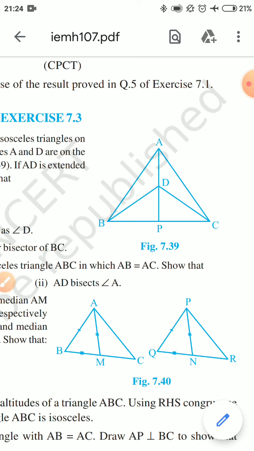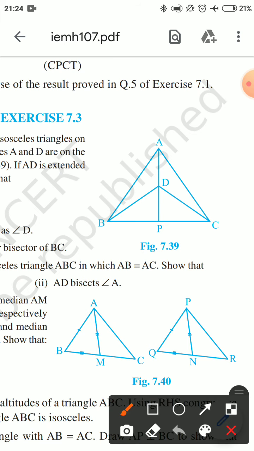Clearly these two angles are equal, because we proved earlier by CPCT that these two triangles are congruent, so we can say that line AP bisects angle A.